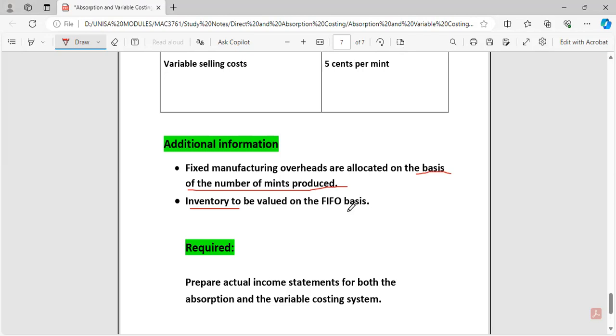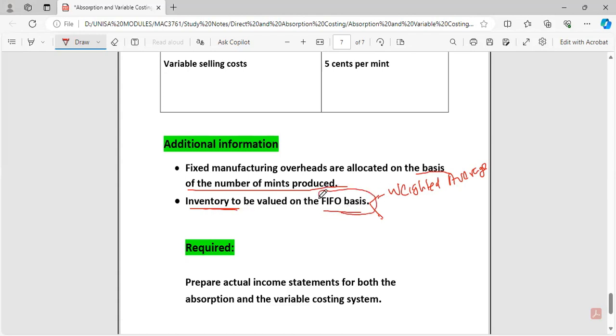Right, let me explain this before we answer the question. We have FIFO and weighted average, and mostly we use FIFO. If the question says you are going to use first in, first out to value your inventory, it means that in the valuation of your inventory you are not going to include opening inventory.